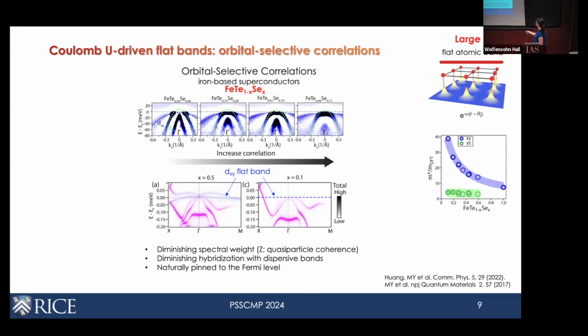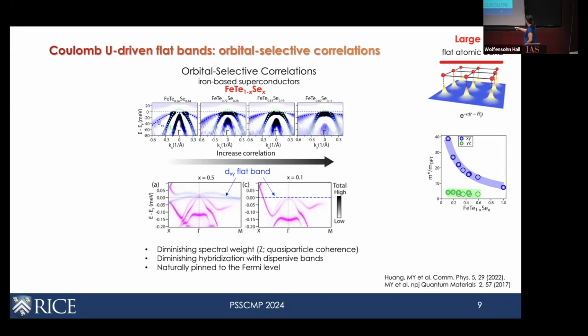What I'm showing you here are data taken on this iron chalcogenide system. So iron, selenium, and then you can swap selenium in for tellurium, and that's what we get from the different compounds shown here. Each one has a different amount of selenium in place of tellurium.